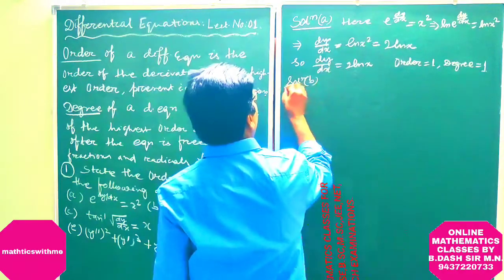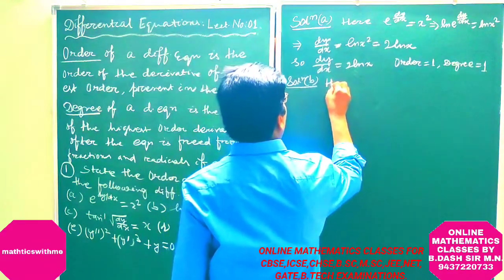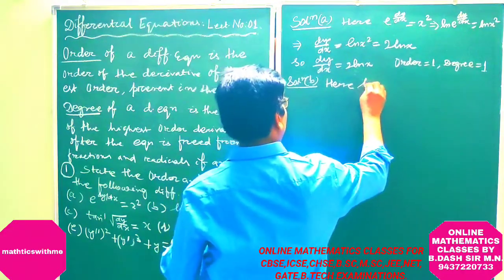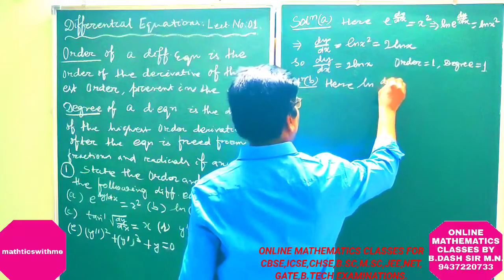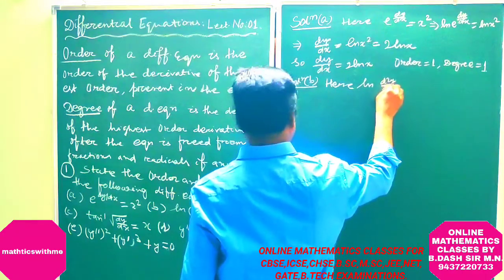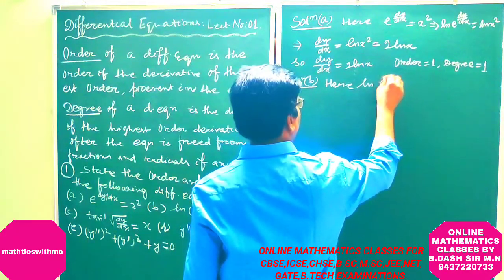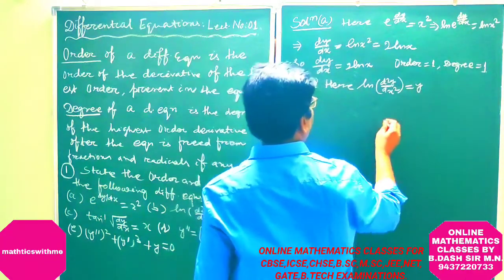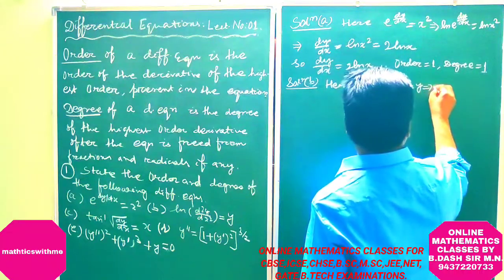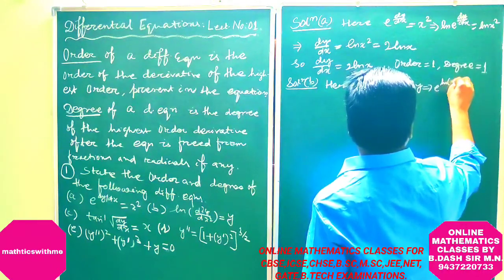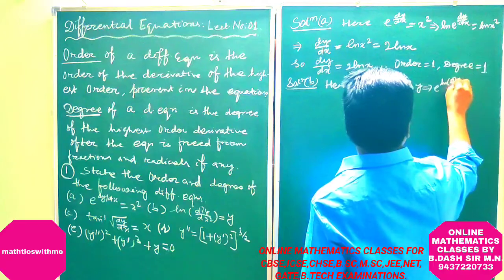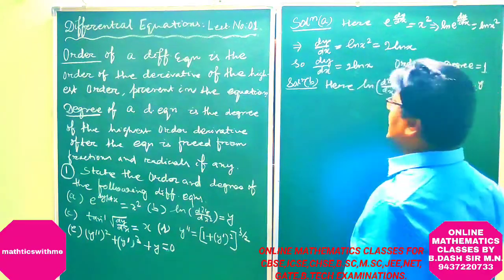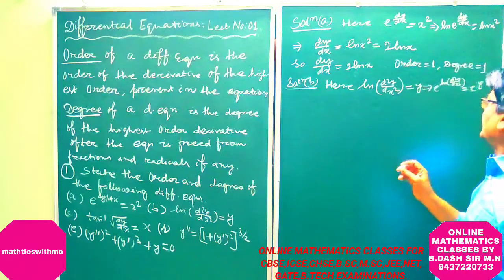Now solution for bit B. Here the question is ln d square y by dx square is equal to y. This implies e to the power ln d square y by dx square is equal to e to the power y.